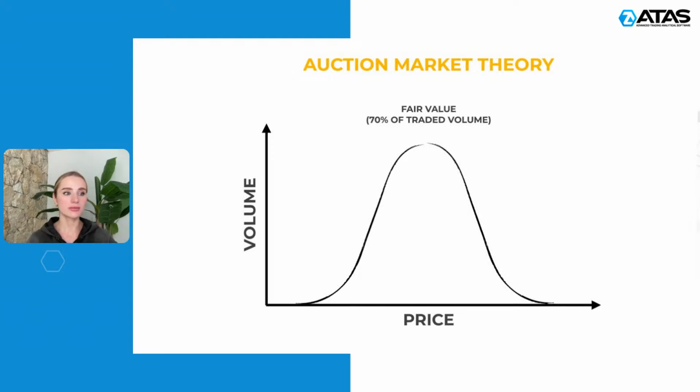At the heart, the theory is very simple but extremely powerful. Price moves because of imbalance between supply and demand. This one statement lays the foundation of the market auction theory. Meaning, when aggressive buyers dominate, price rises.